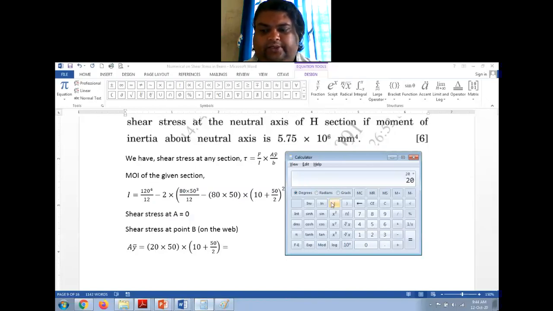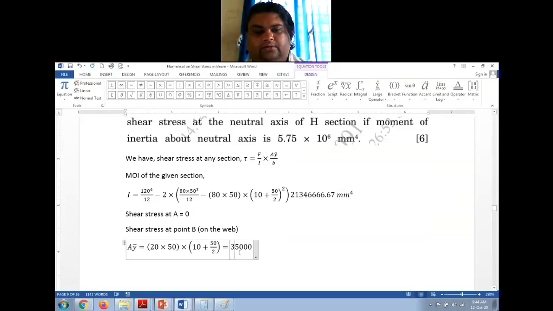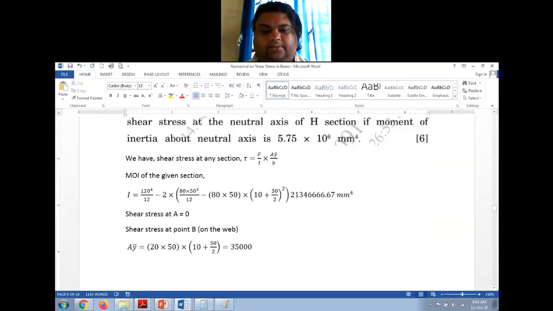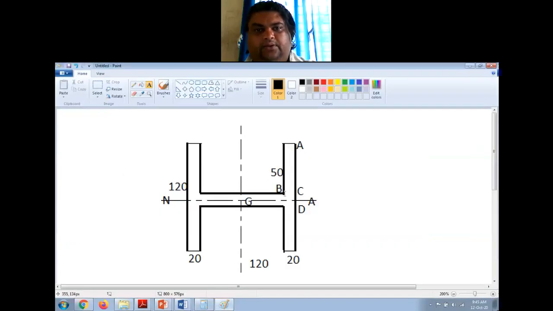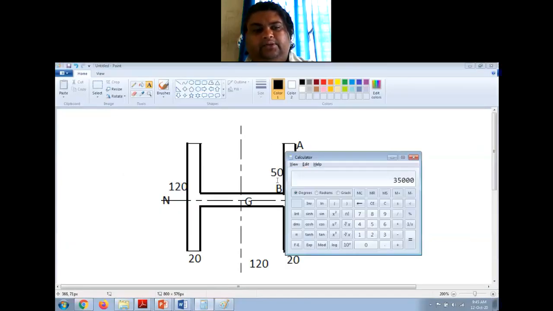So this is 20 into 50 into 25 plus 10 is 35. And b here, see, I have 20 millimeters here and 20 millimeters here.